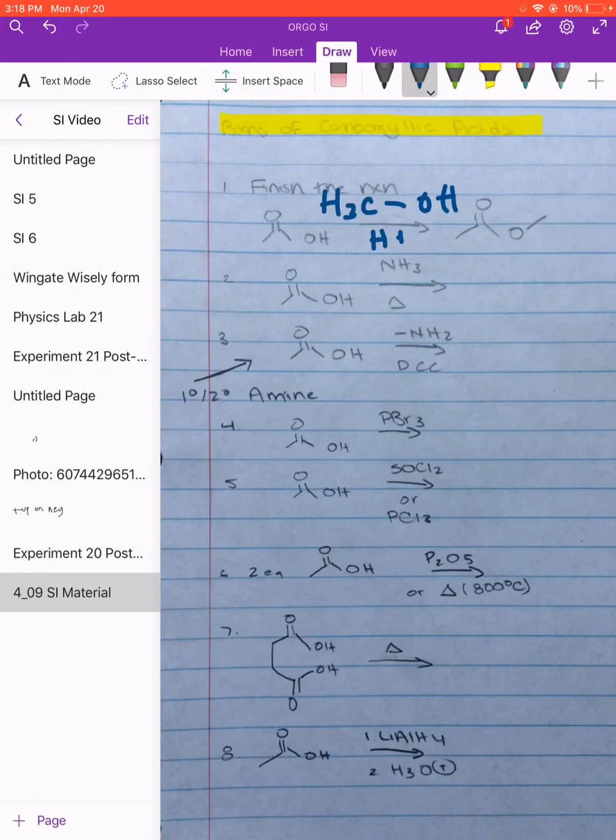And then we have carboxylic acid with an amine heated up, so we're going to form this amide group. Awesome. And then what about if we have a carboxylic acid with a primary or a secondary amine? We will use DCC as a reagent instead of heat for this reaction to progress. And so what will end up is this product.